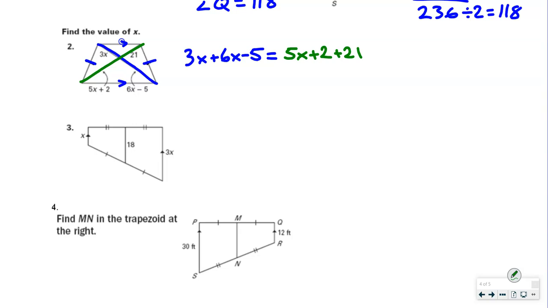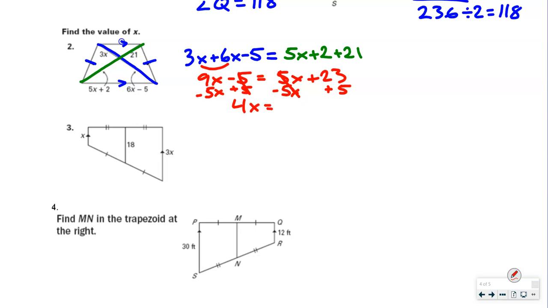Then we can just combine all of our like terms and solve for x. You get 9x minus 5 equals 5x plus 23. We can subtract 5x from both sides, then add 5 to both sides.